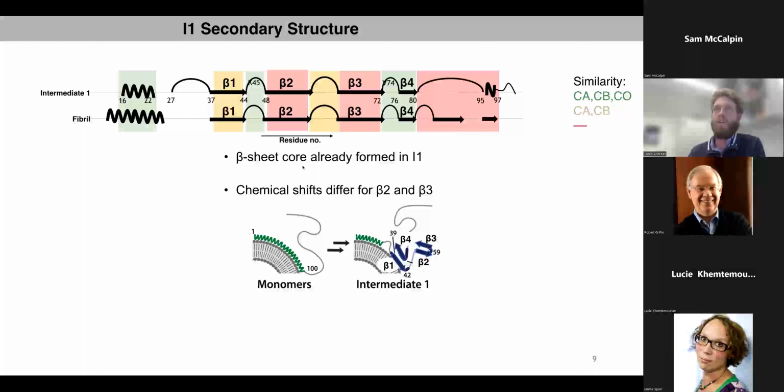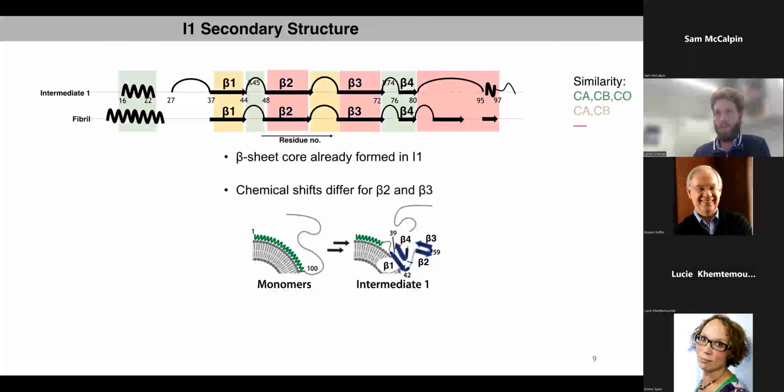So the beta sheet core has already formed in intermediate 1, this interaction between beta sheet 1 and 4, which you can see here in the schematic. This is already formed, and probably also the turnaround residue 59 or so has formed. But beta sheet 2 and beta sheet 3 appear quite different in the fibril.